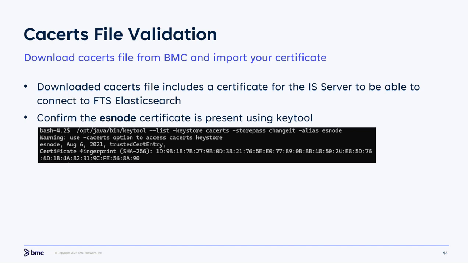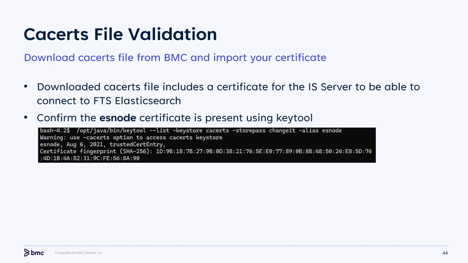What I've seen happen at a couple of customers is that they create an empty CA certs file or a new CA certs file and just add their own certificates. And that will cause a problem because the downloaded CA certs file includes a specific ES node certificate that's required for FTS to work properly.